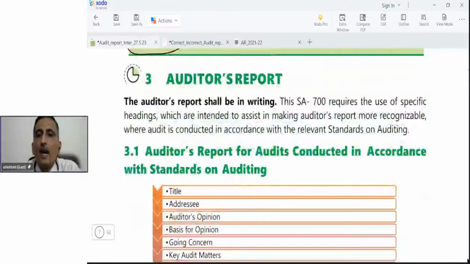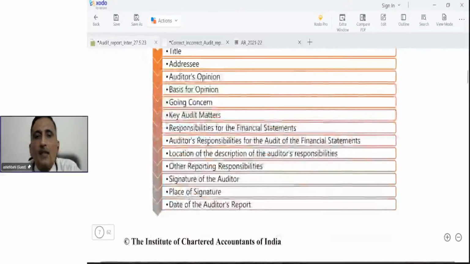Now we come to the auditor's report. Another important thing: what are the contents of the auditor's report? As I had told you, one of the objectives of SA 700 is to help the auditor in forming an opinion. It deals with opinion formation by an auditor, and also with what should be included in the auditor's report in respect of an audit carried out in accordance with the standards on auditing.